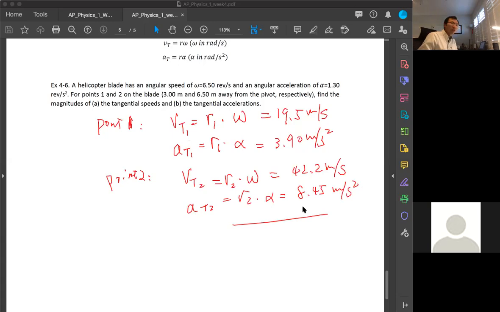So very basic plug-in gives you the answer. This is probably not the AP Physics 1 level, too easy, but we use it to recap the knowledge we learned at school.